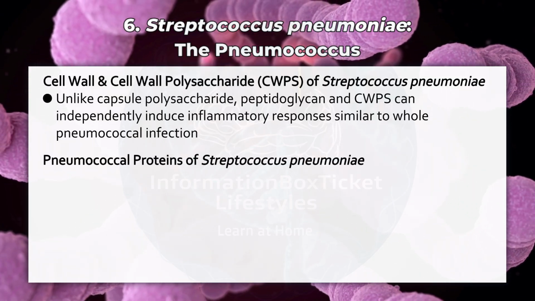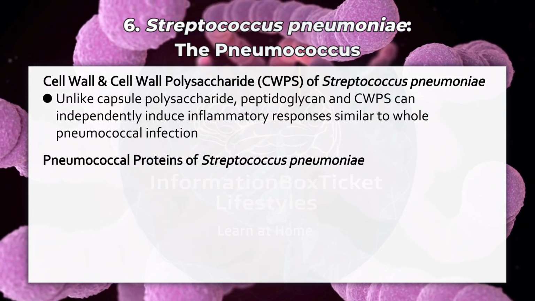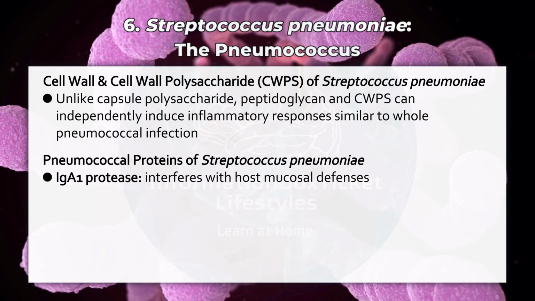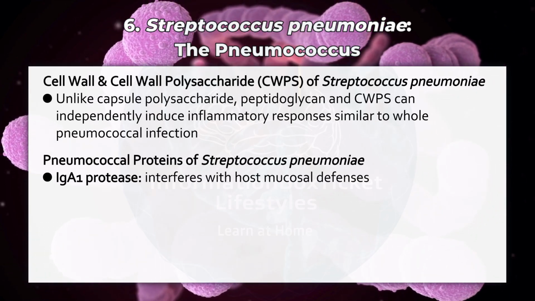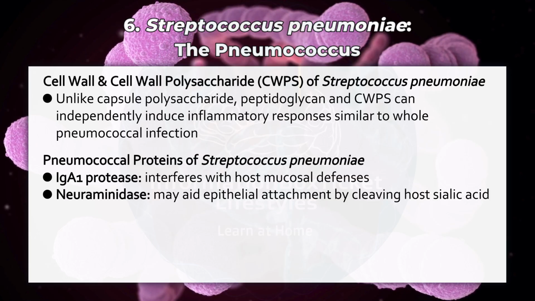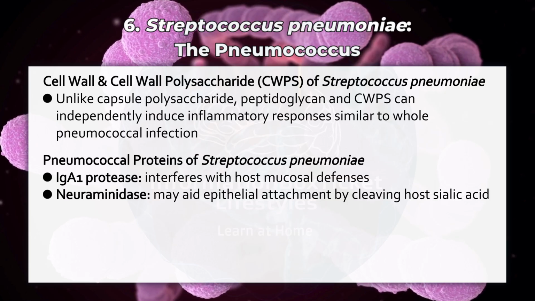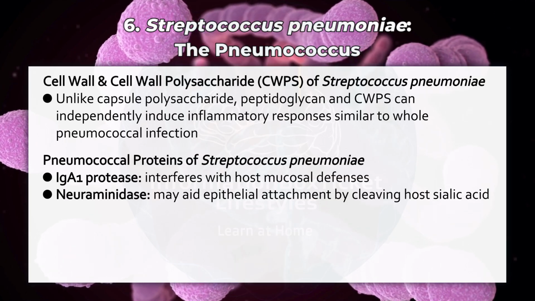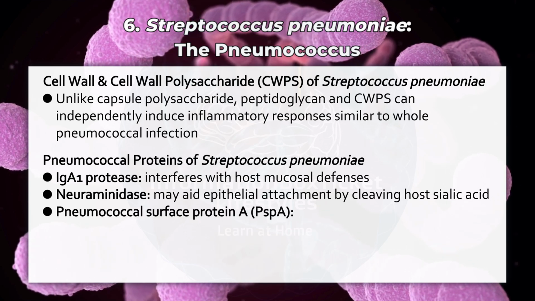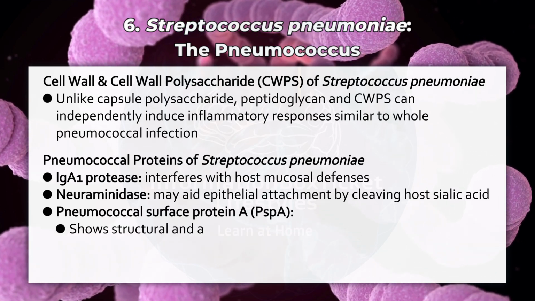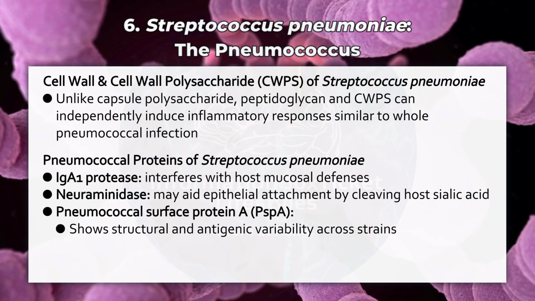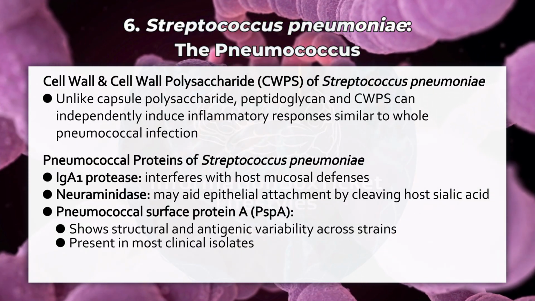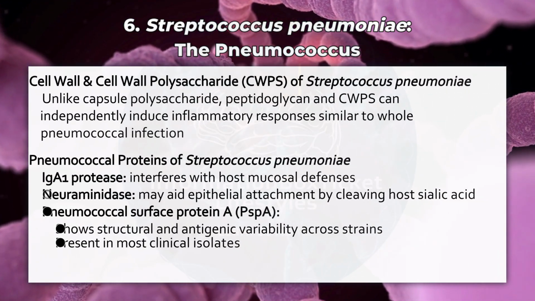Pneumococcal proteins: Immunoglobulin A1 protease interferes with host mucosal defenses. Neuraminidase may aid epithelial attachment by cleaving host sialic acid. Pneumococcal surface protein A shows structural and antigenic variability across strains and is present in most clinical isolates.